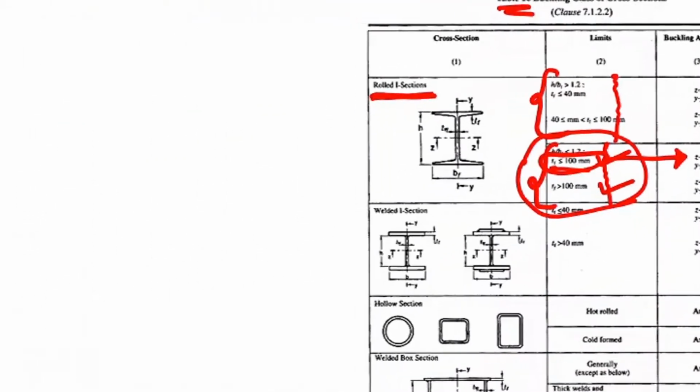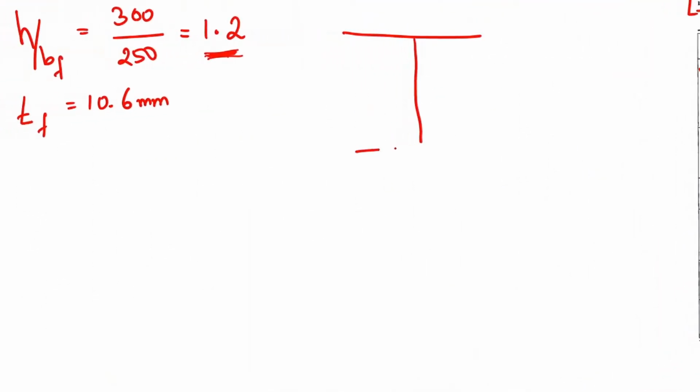Again, let me draw the I section in a line sketch. This is my axis xx and this is my axis yy. So xx is given as zz in this table. Whether my buckling is going to happen in zz or yy, it is clear, we have seen from the steel table that the moment of inertia about yy is the least, and also the radius of gyration about yy is the least.